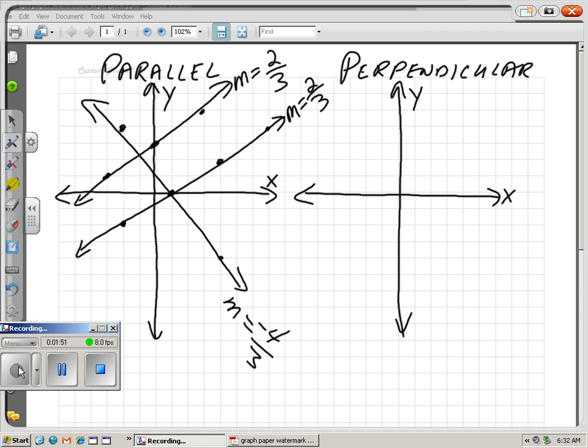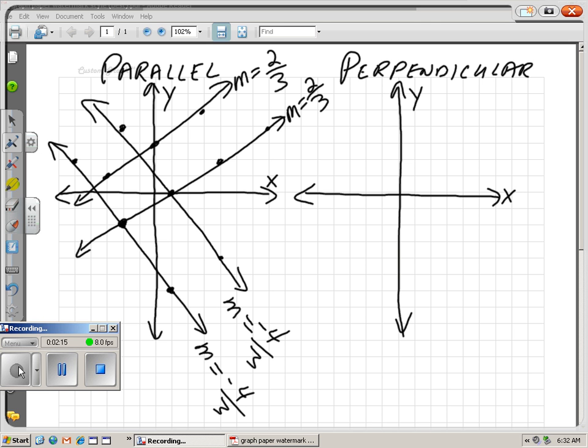And if I just put a random dot out here, and I want to draw a line parallel to that, well, I got to have the same slope. So I got to go down 4 and over 3, down 4 and over 3. As long as I have the same slope, I know those lines will be parallel. So parallel lines have the same slope.